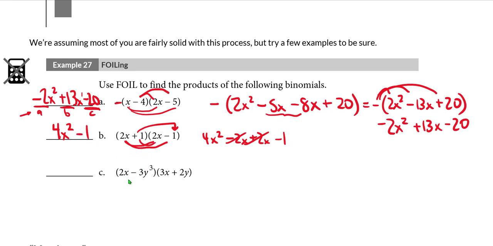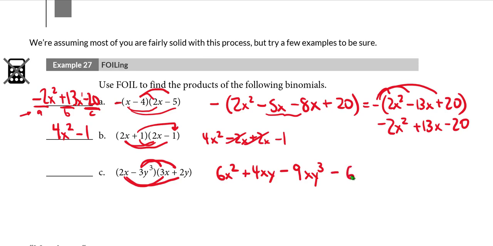In example C here, we're going to do 2x times 3x, which is 6x squared. 2x times 2y is positive 4xy. Then we have a negative 3y cubed and a 3x. So that is negative 9xy cubed. And then the last terms here, negative 3y cubed times 2y.